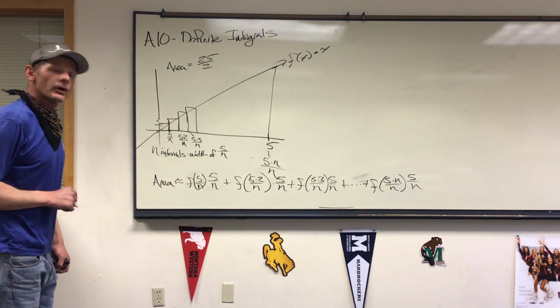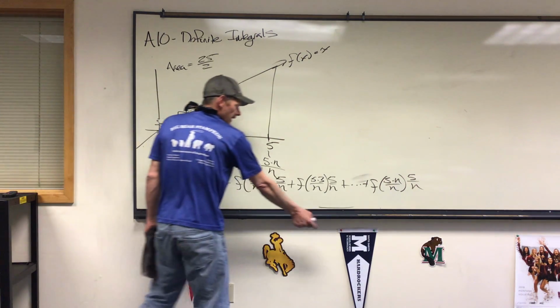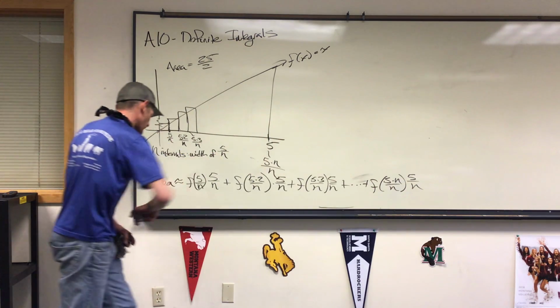Okay? So, each of these terms has a 5 over n, so I'm going to pull it out.